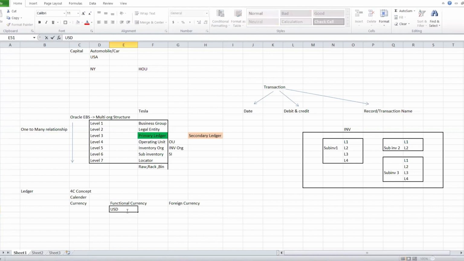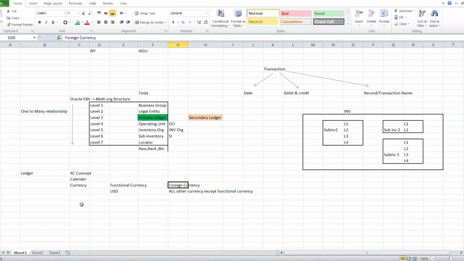So USD is your functional currency. Except for the USD, all other currencies are your foreign currency. So all currencies except the functional one are called foreign currency. Clear?